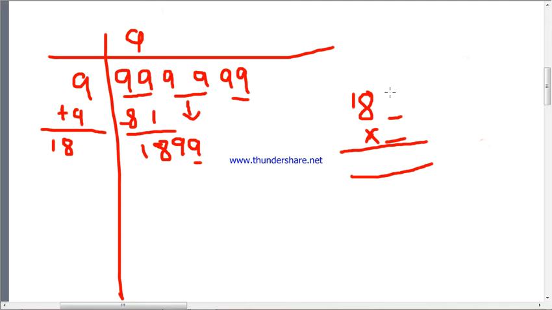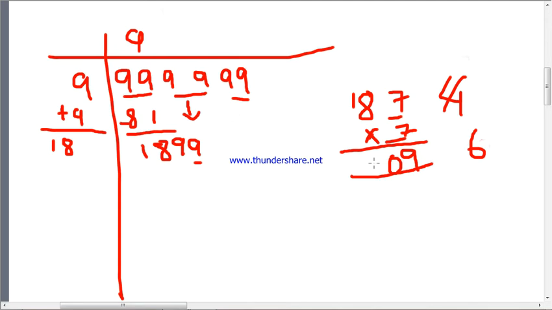Let's start with a 7. 7 and 7 is 49, so I'm getting the last number as 9. 49, carry over 4. 7 and 8 is 56. 56 plus 4 is how much? 60. Carry over 6. 7 into 1 is 7. 7 plus 6 is how much? So I think it will give us 13.